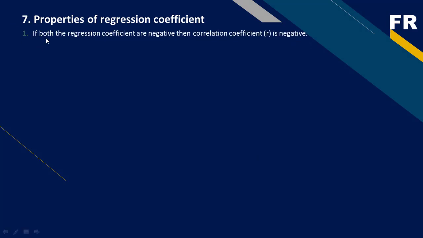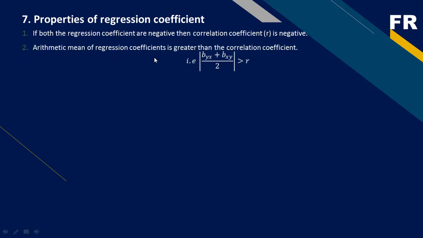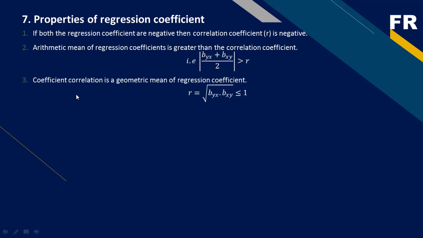If both the regression coefficients bxy and byx are negative, then the correlation coefficient r is negative. The arithmetic mean of the regression coefficients is greater than the correlation coefficient, that is byx plus bxy divided by 2 is greater than r. The correlation coefficient is the geometric mean of the regression coefficients: r is equal to square root of byx times bxy, which is less than or equal to 1.